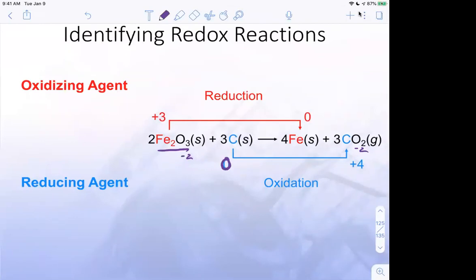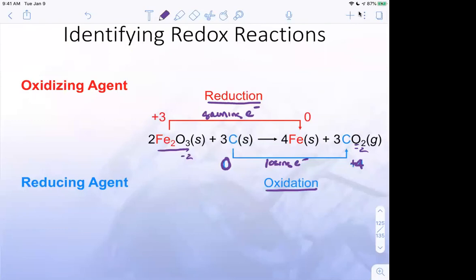Using the fact that my oxygen is a -2, I notice that carbon goes from 0 to +4. So it loses electrons, so it's oxidized. Iron going from +3 to 0 becomes less positive, right? So it's gaining electrons.